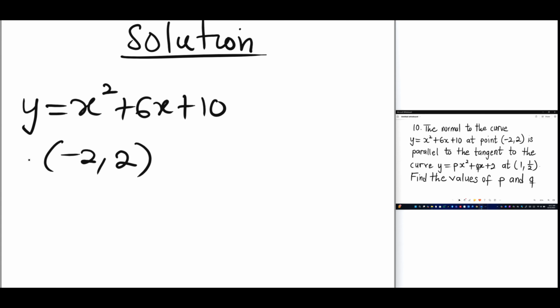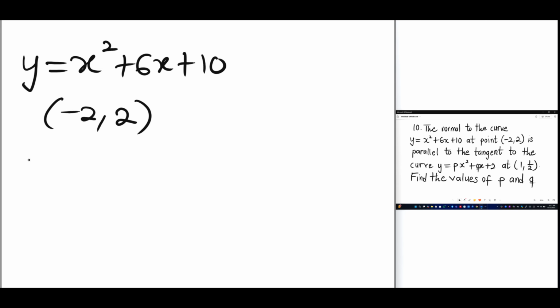Whenever you have a curve, the tangent and the normal to that curve are perpendicular. So we can determine the gradient of the curve, which is the same as the gradient of the tangent. Then from there, we'll deduce the gradient of the normal from the gradient of the tangent to the curve. So let us first find the gradient of the curve at this particular point.